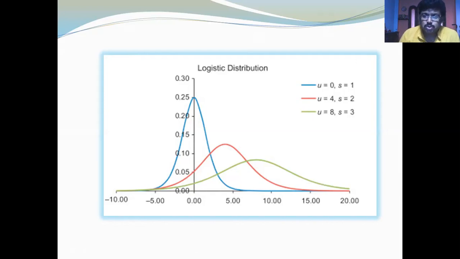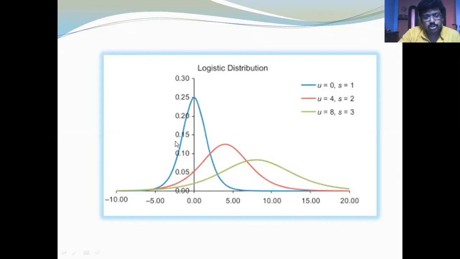This slide shows different location parameters with different scale parameters. When location parameter is 0, that is mean is 0, and standard deviation is 1, then this is the logistic distribution curve.